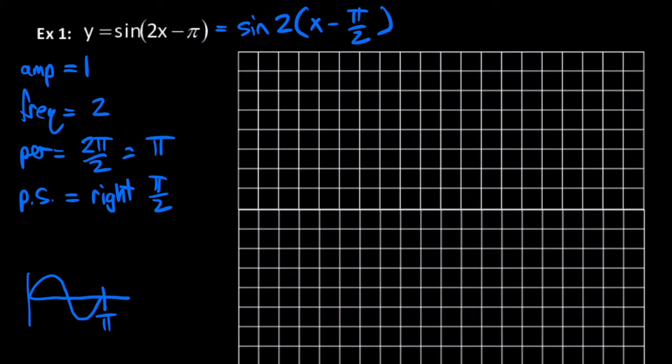Now let's set up our axes. Here's my y-axis, x-axis here. And let's go out 4 blocks and make that pi. 1, 2, 3, 4. That's pi. So halfway is pi over 2.